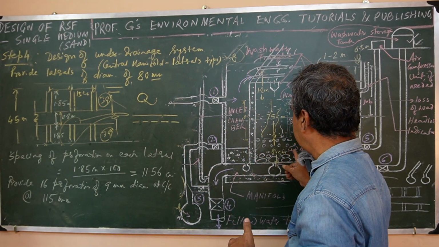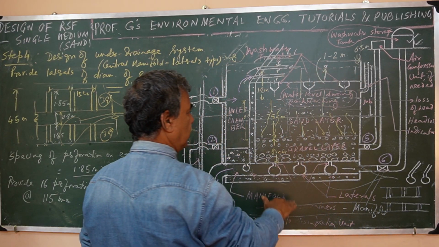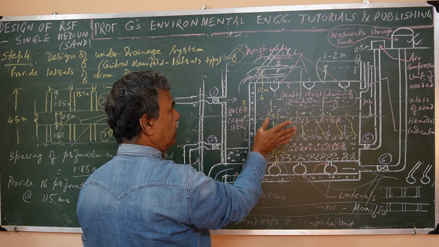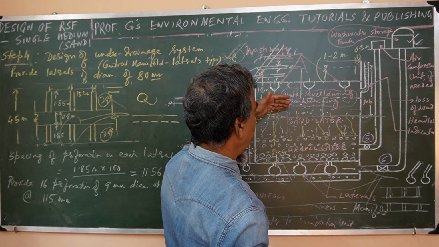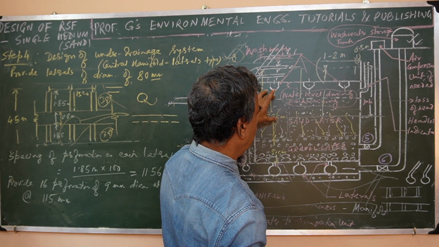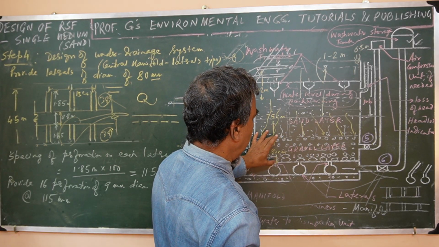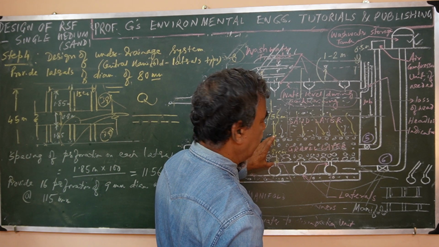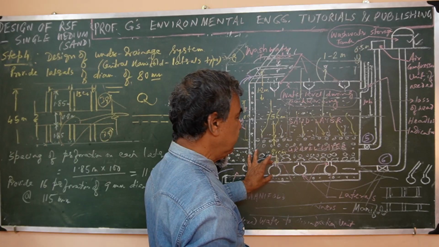I have kept the diagram still, just to see while designing, so that we can explain also. First we showed how to find out the minimum depth of sand, then the layer of gravel, what should be the depth of that, then the under drainage system.